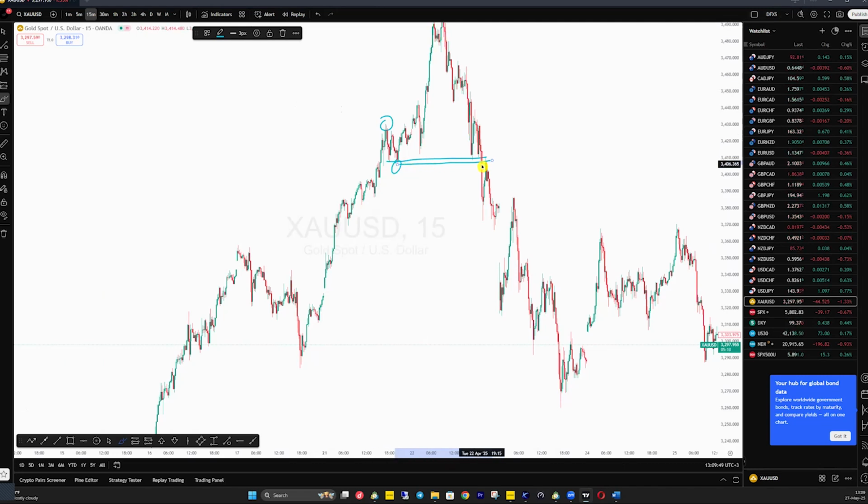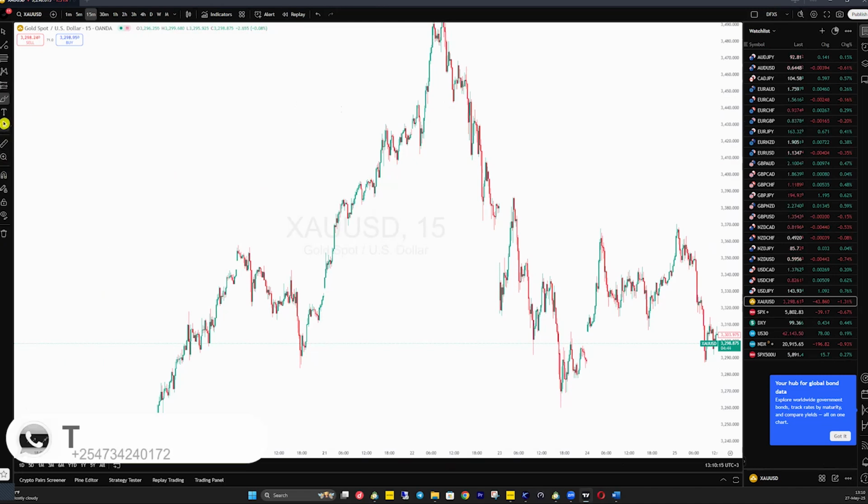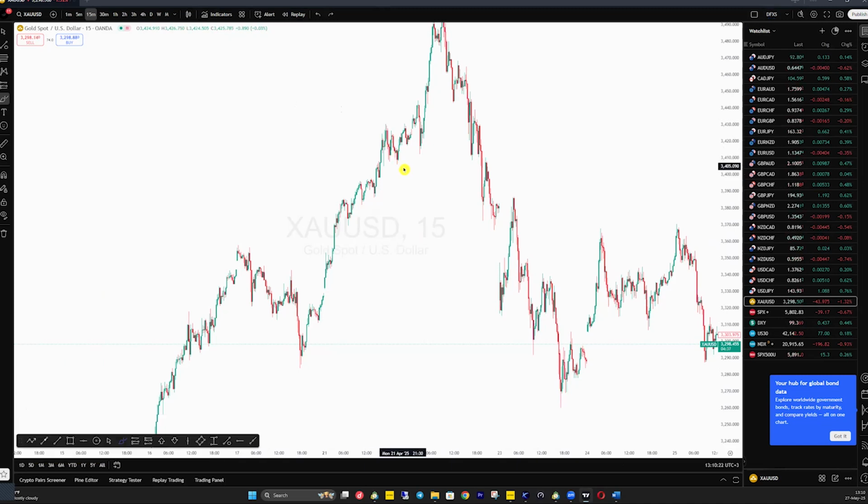If we were talking about another strategy to identify higher highs and higher lows, someone will say you have to wait, in order to get a higher high or a lower low, you must wait for an inducement to be taken out. Let's say, for example, this is a bullish market and this is the last inducement.